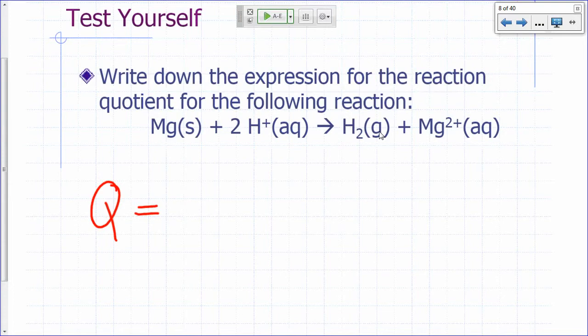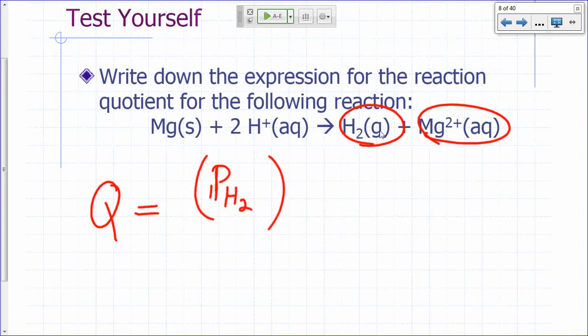What are our products? H2 and magnesium ions. So what is the activity of H2 gas? The numerical value of the partial pressure of H2 in atmospheres. So it's the partial pressure of hydrogen. Okay, it's unitless.